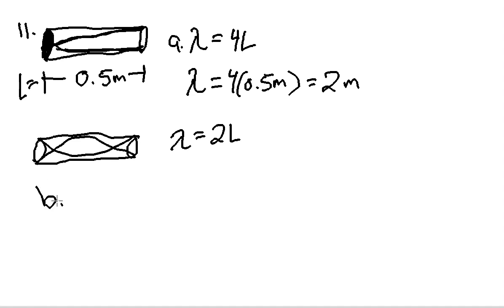For B, what is the frequency associated with the standing wave if the speed of sound is 340? So we're looking for frequency. We know velocity, and we know wavelength.